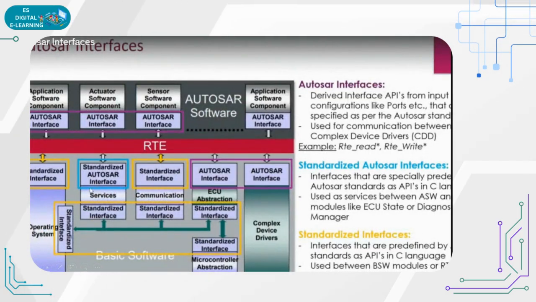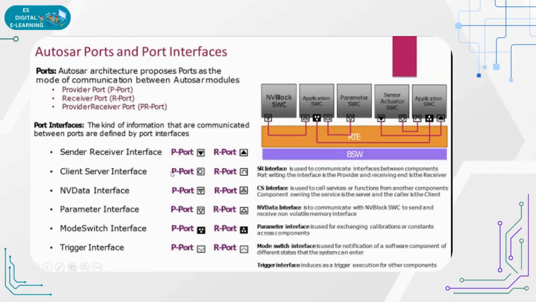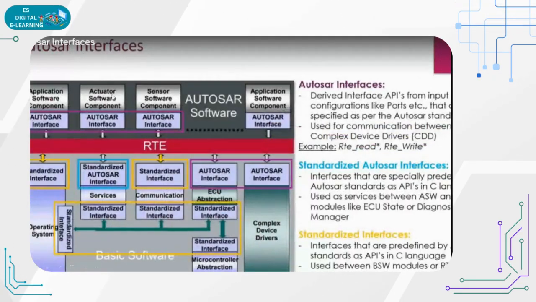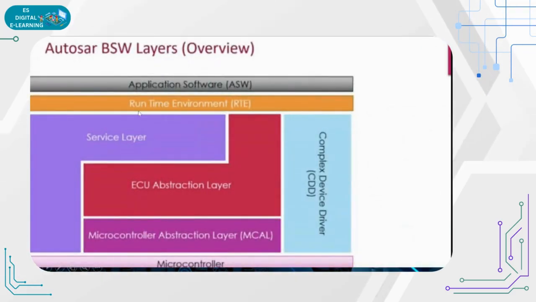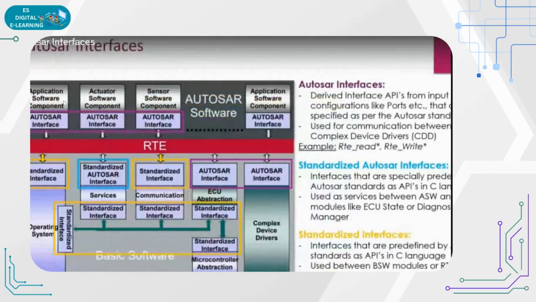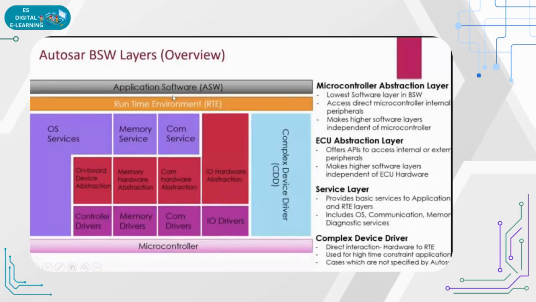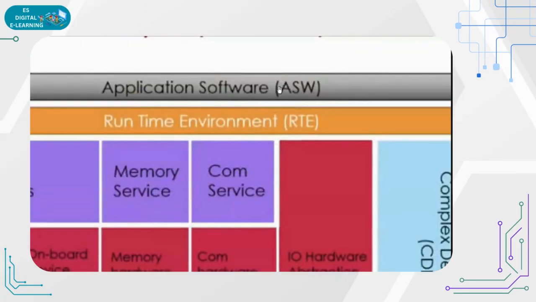It has the ports connectivity. The important thing to understand in AUTOSAR is that for each application you have other modules. It has application software components, sensors related, actuator related, all the features are integrated in the application level software.